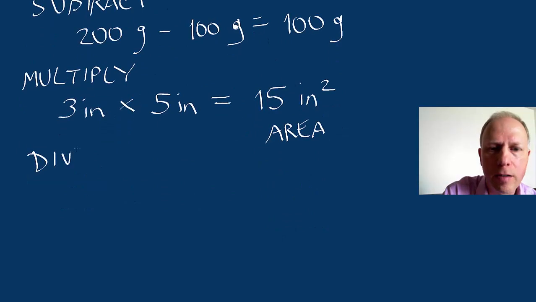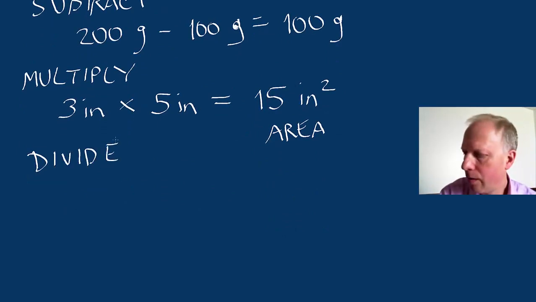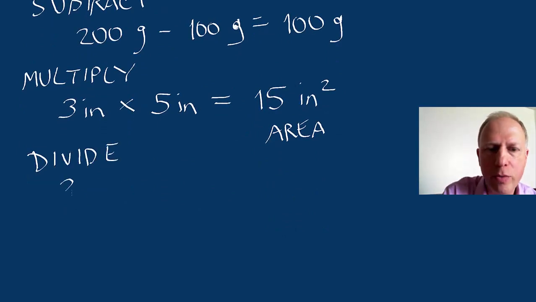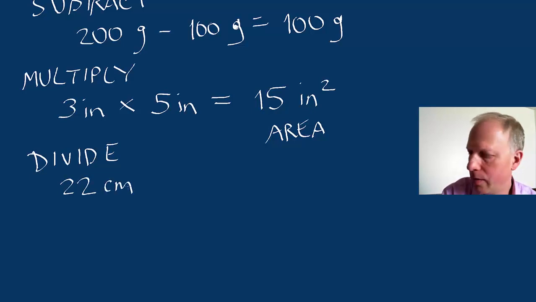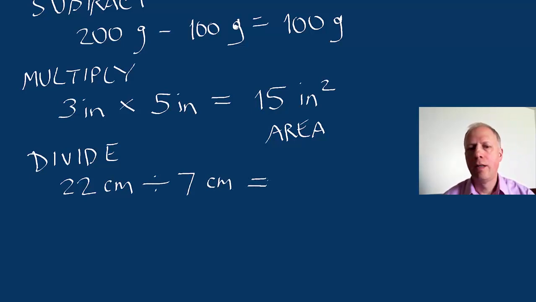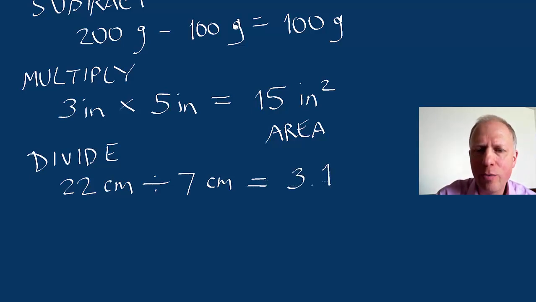Divide. Suppose I wanted to divide 22 centimeters by 7 centimeters. 22 divided by 7 is about 3.1. Why would I ever want to divide 22 centimeters by 7 centimeters?